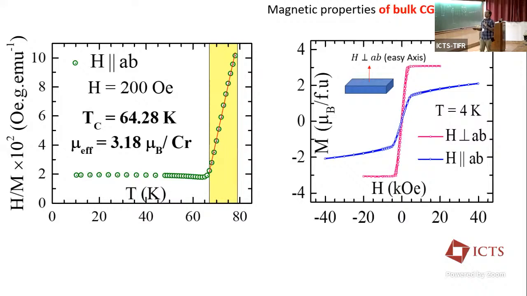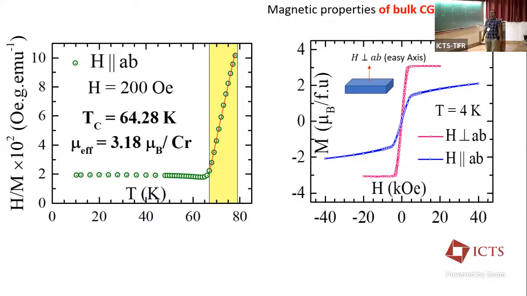So in the two orientations, we can clearly see that there is a square shape of the hysteresis loop with a low saturation field for the parallel to the C-axis, and perpendicular to the C-axis, or H parallel to AB orientation, it's the hard axis.